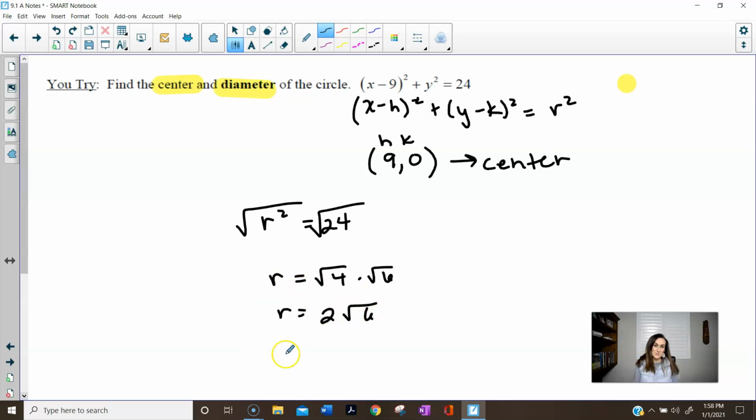So I would need to multiply this by 2, and the diameter is 2 times the radius, which is 2 root 6. So the diameter is 4 square root 6.